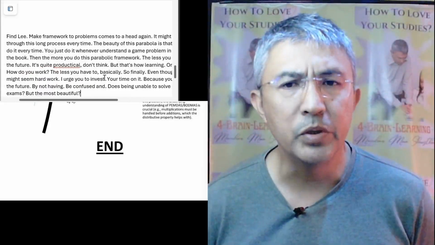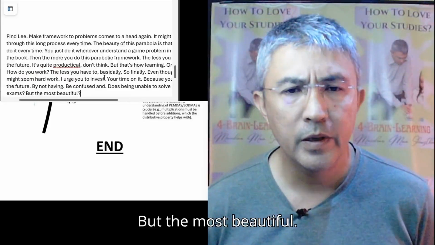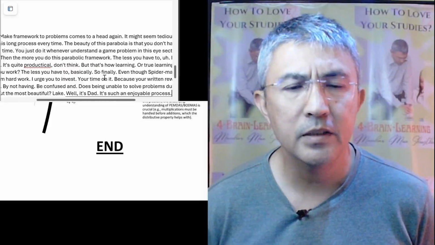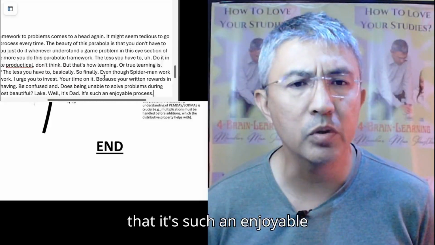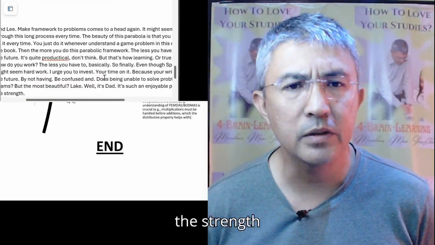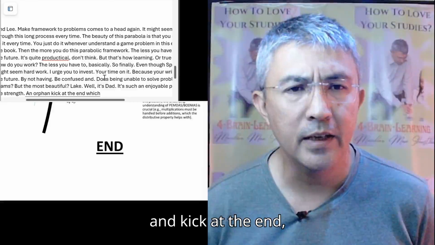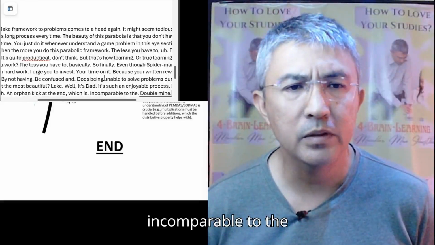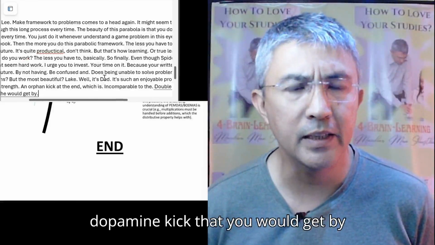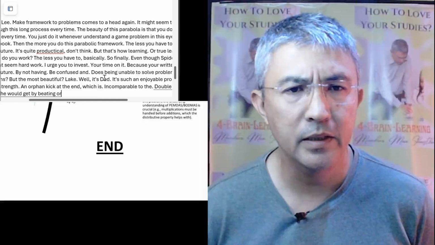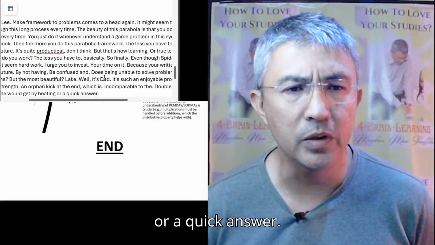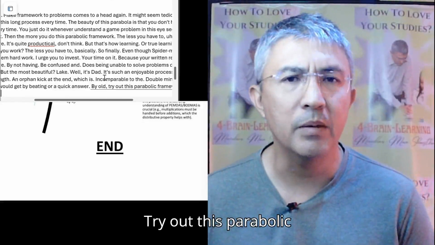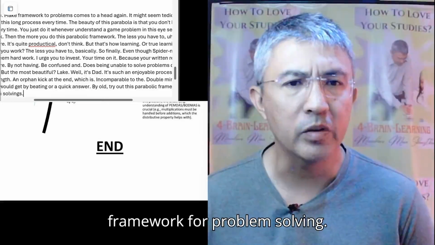But the most beautiful aspect of the parabolic framework is that it's such an enjoyable process, and gives the student an endorphin kick at the end, which is incomparable to the dopamine kick that you would get by eating even a quick answer. By all means, try out this parabolic framework for problem solving.